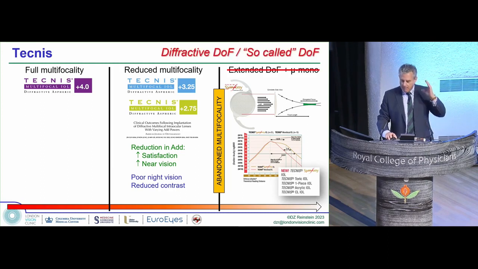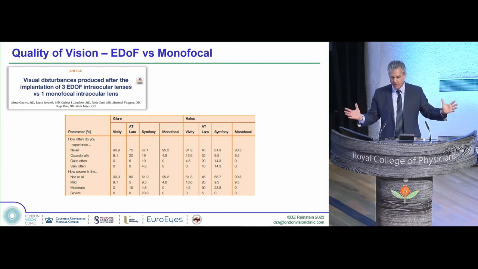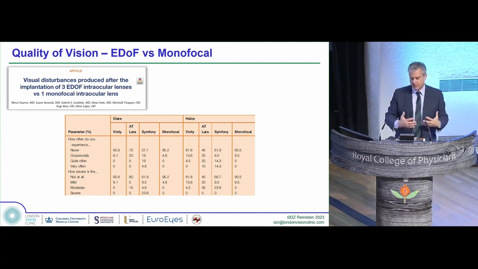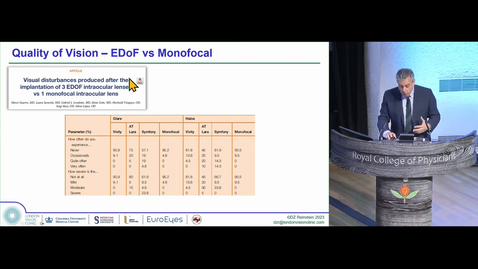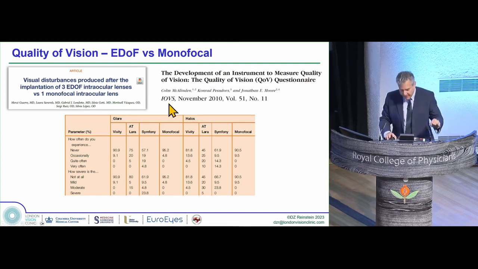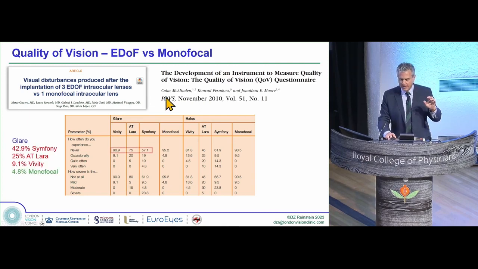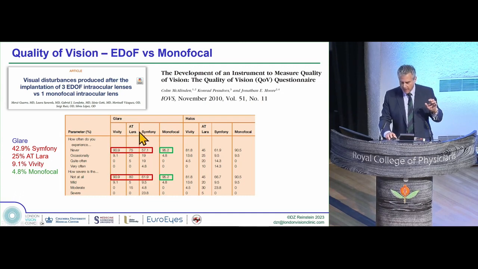So, abandoned multifocality, ethical considerations about how they're promoting these technologies. And if you look at quality of vision in these EDOF versus monofocals, using the validated questionnaire of Conrad Sudos and Colin McCallan, you see that in the Vivity, the Lara and the Symphony, they have glare at these rates, less in the Vivity, but a monofocal has practically none.